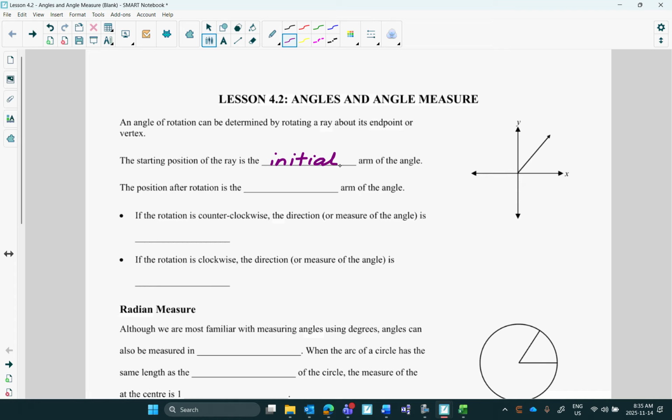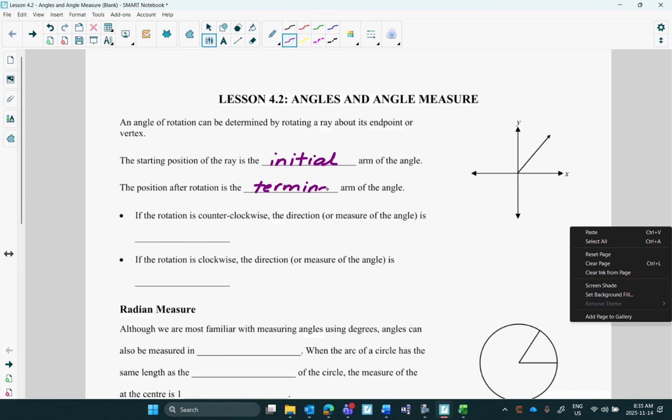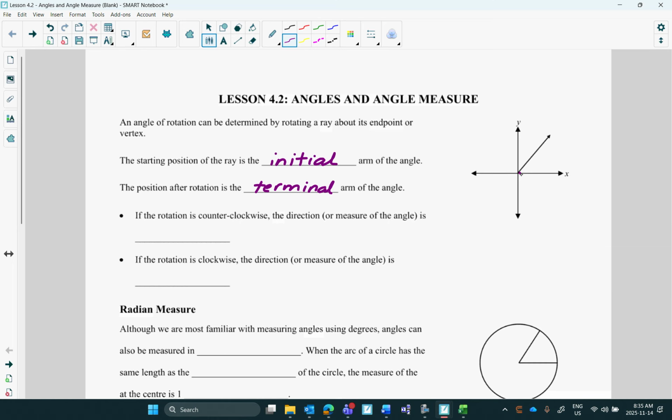After we measure and stop where we want to measure, we get a second ray for the terminal arm. So here, this would be our initial, like I talked about last lesson. This would be our terminal.